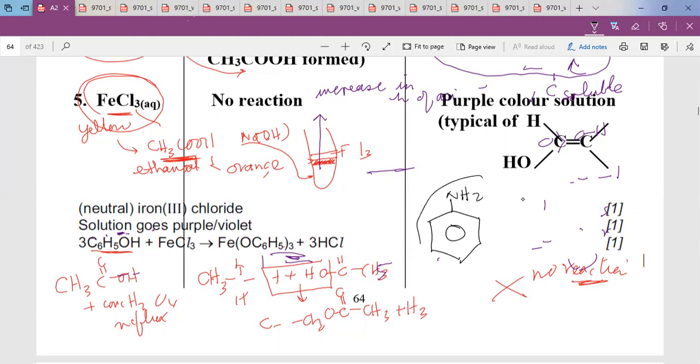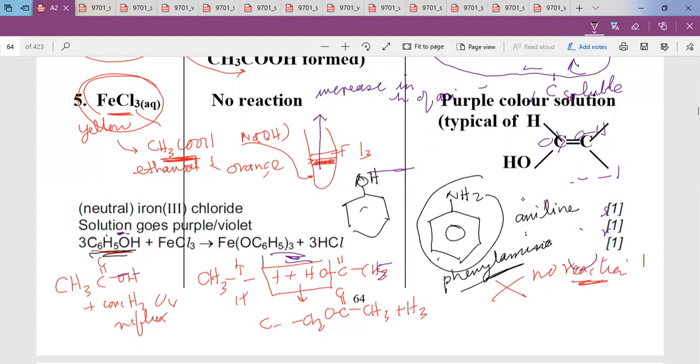Now this fellow here is called phenylamine, sometimes called aniline. This and your phenol are very similar sometimes in reaction. This phenol, yeah.